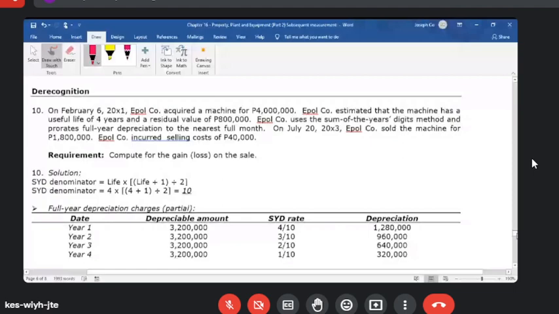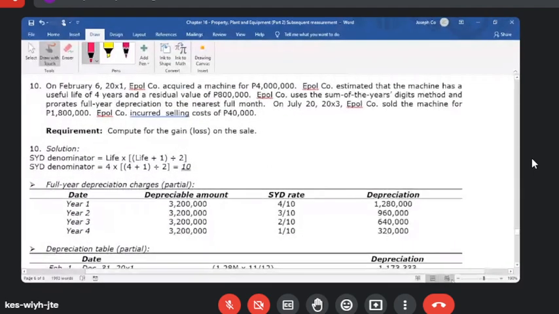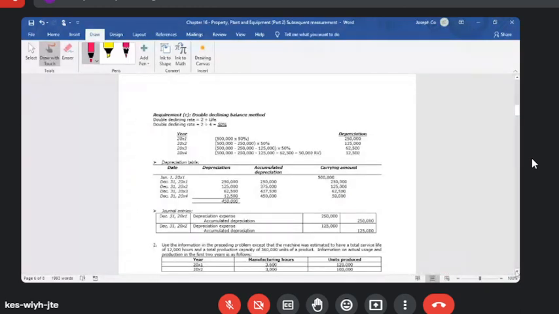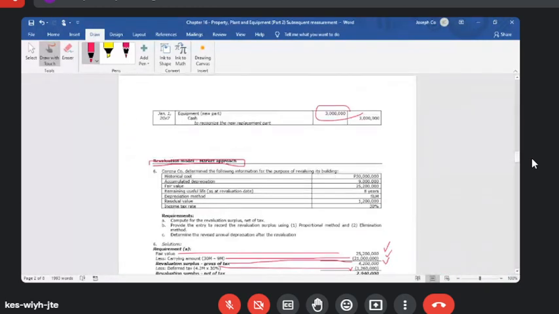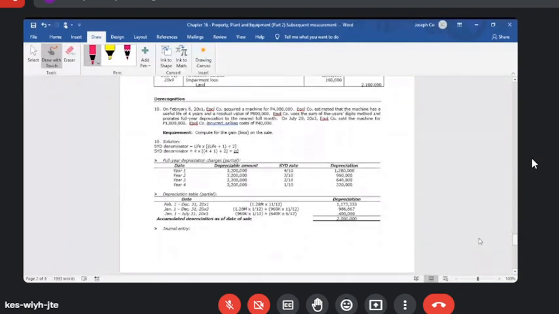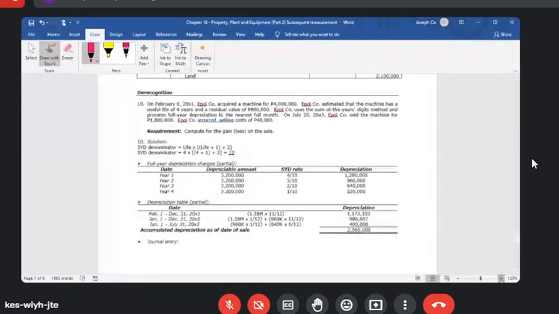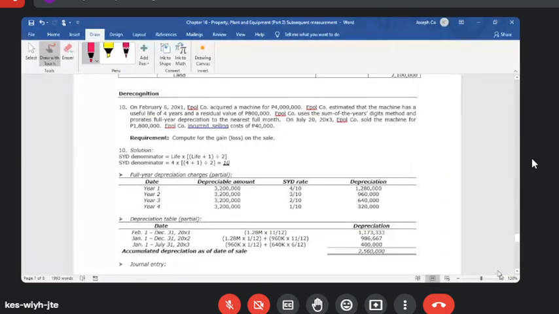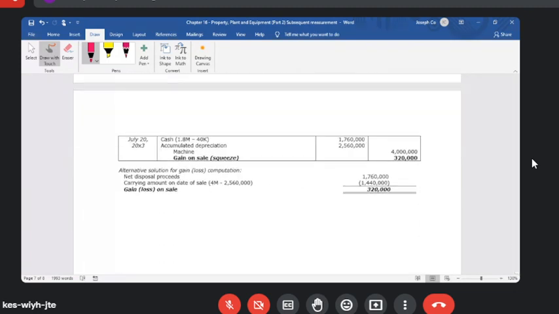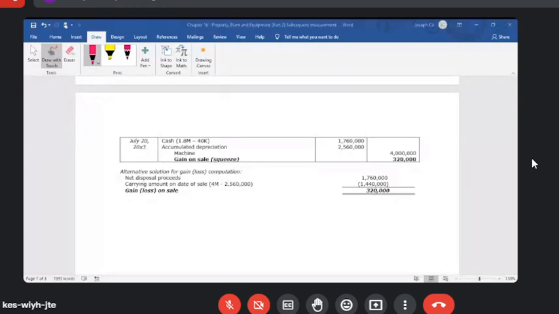Okay, paki-screenshot isa. Sir, malabo po pag naka-zoom out.